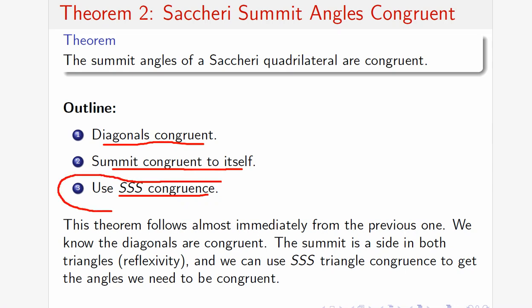Honestly, the main thing I'm worried about is I need to know to use side-side-side congruence. There's some triangle congruence, and if you just look at it, you know what triangles you need to use, because the triangles have to include the summit angles. Why? Because those are the angles I'm trying to prove have the same measure. So step 3 there is the key step.